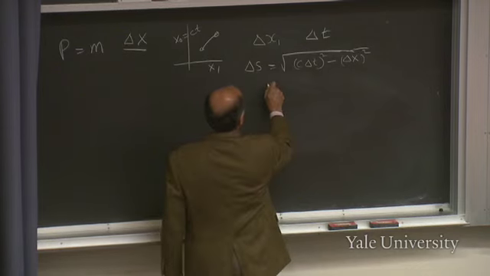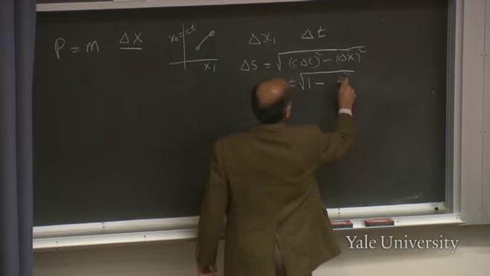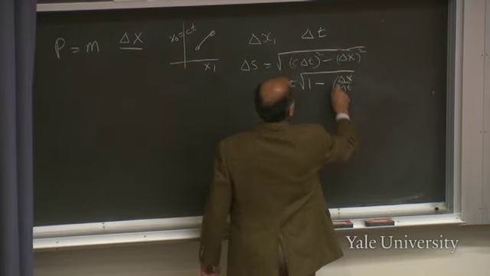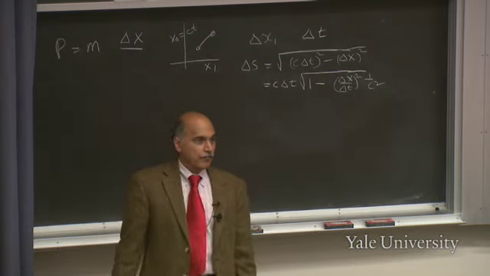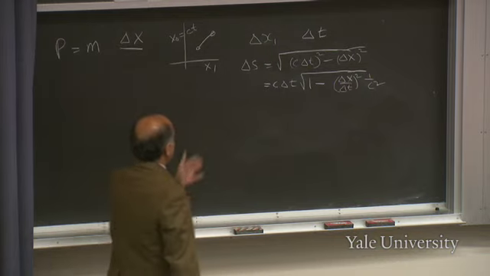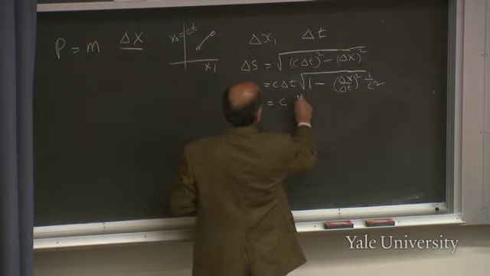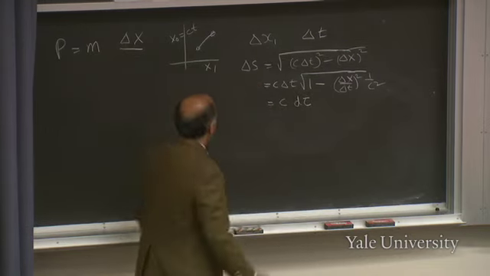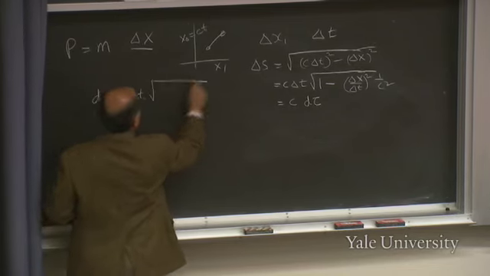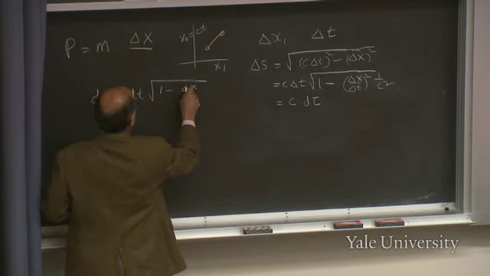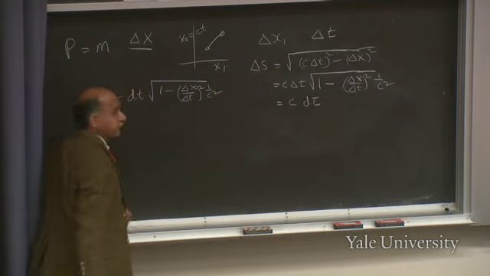Let me write it slightly differently: c delta t times the square root of 1 minus (delta x over delta t) squared times 1 over c squared. So we are asked to divide by this crazy thing. Well, let me write this crazy thing as c times something I want to call d tau. d tau is dt times the square root of 1 minus (delta x over delta t) squared times 1 over c squared.